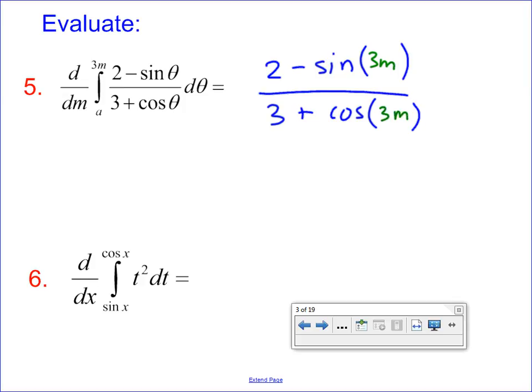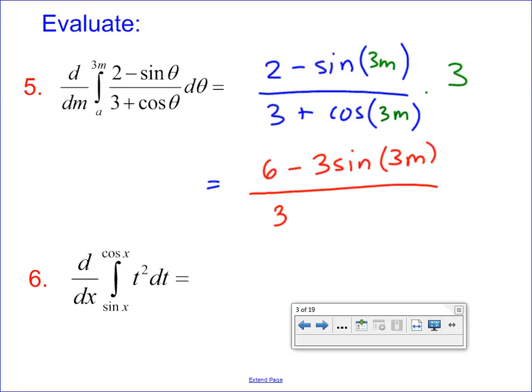Then times the derivative of my inner function, which was the upper limit, which is 3. So I get 3 times that, and if I wanted to make it look prettier, I could rewrite it as 6 minus 3 sine of 3m all over 3 plus cosine of 3m if I wanted to, but don't have to.